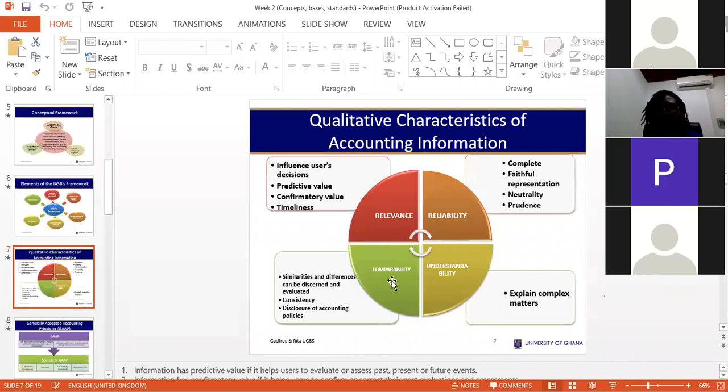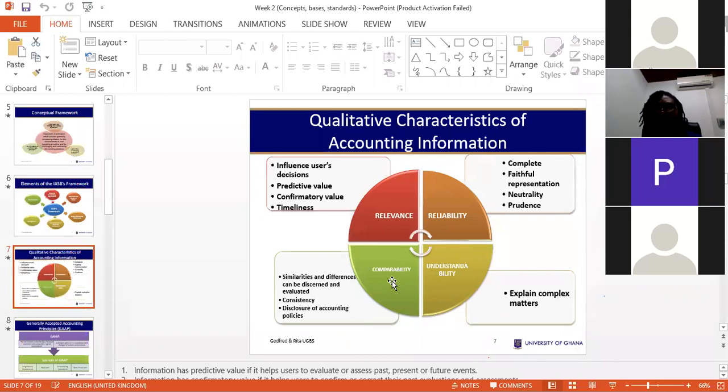Once we keep changing the rules, then you should know that users cannot make decisions. It will be difficult. And so one of the characteristics is to enable users to make decisions, and they should be able to compare whatever information they have, either with previous period, or with other items. That is very necessary.